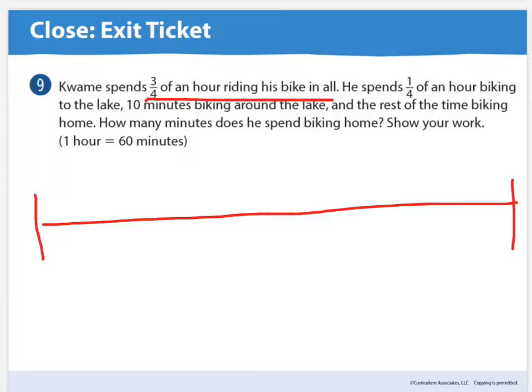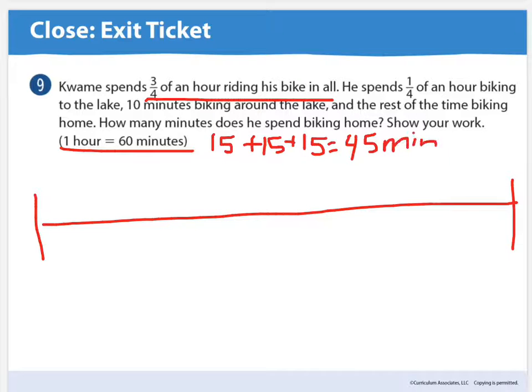We know that 1 hour is 60 minutes, and we know that 1/4 of an hour is 15 minutes. So if he's doing 3/4 of an hour, that would be 15 plus 15 plus 15, which would equal 45 minutes riding his bike in all.